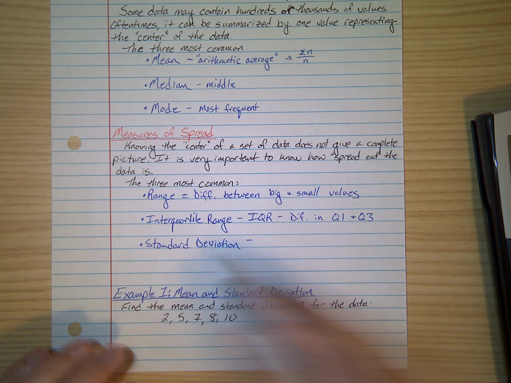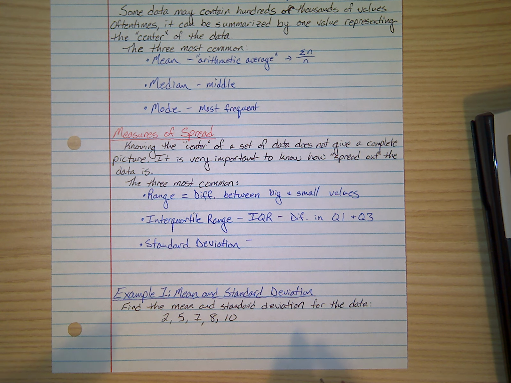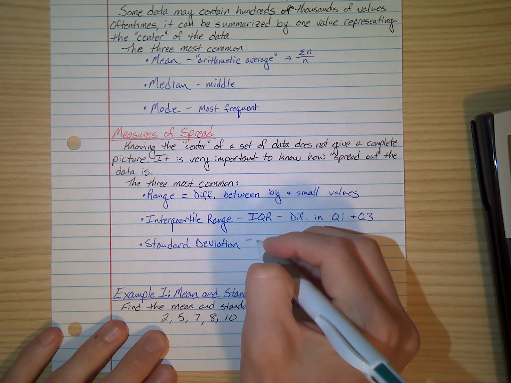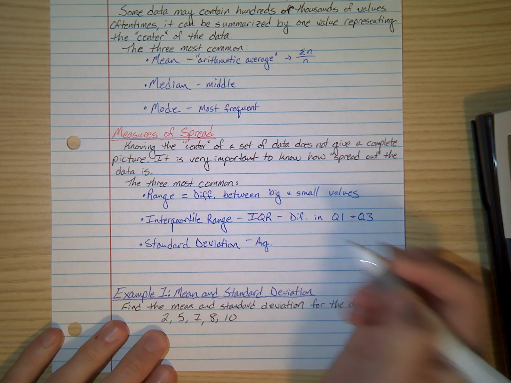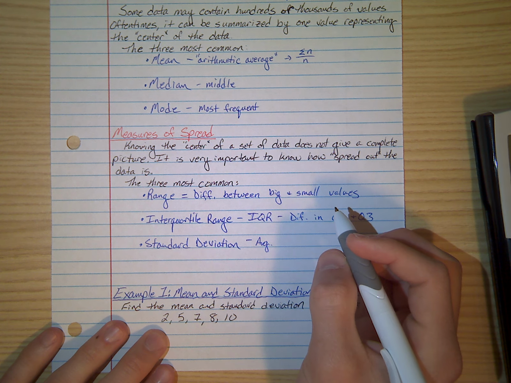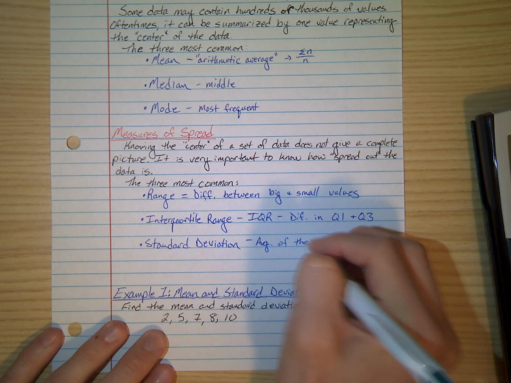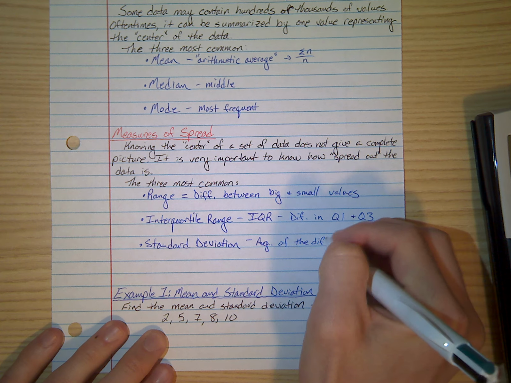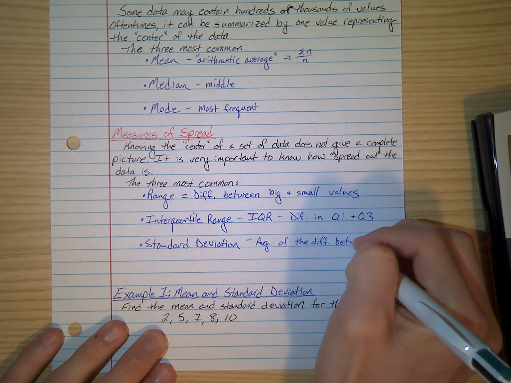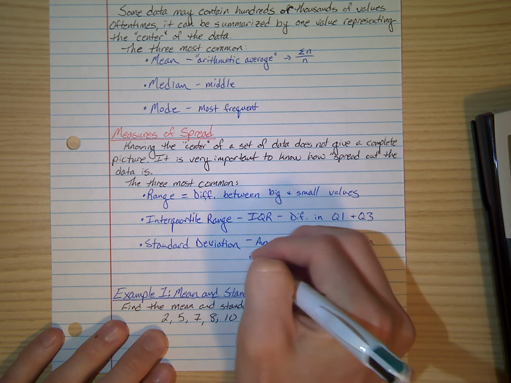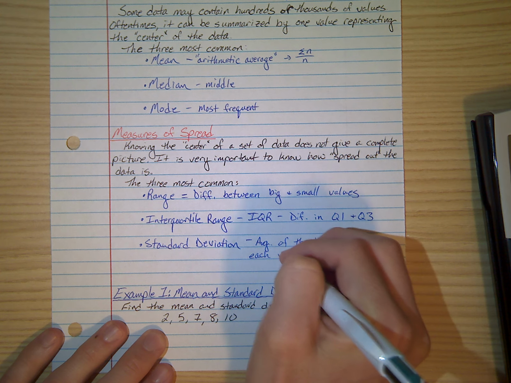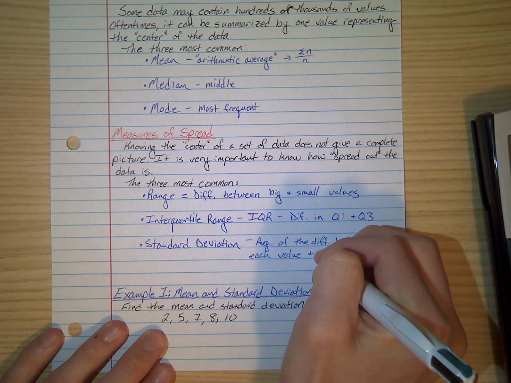We're going to be focusing on something called standard deviation, which, to summarize it, is the average of the differences between each value and the mean.